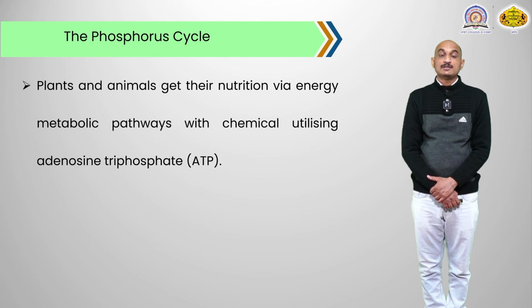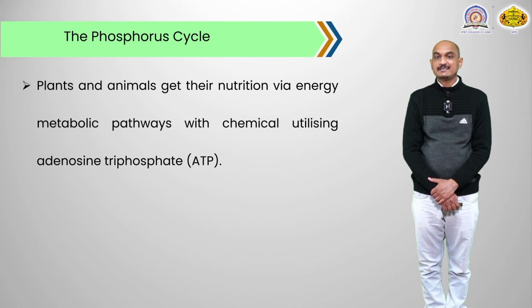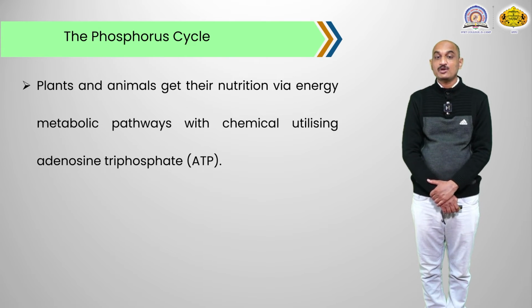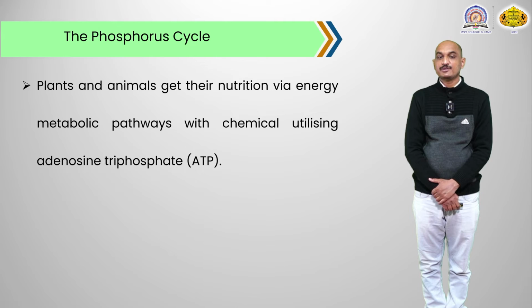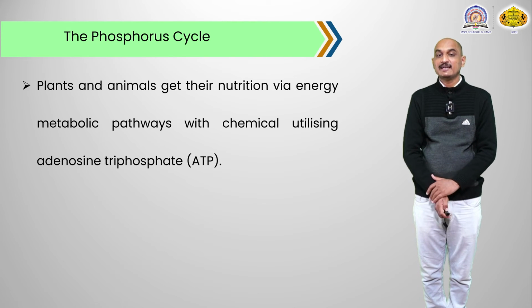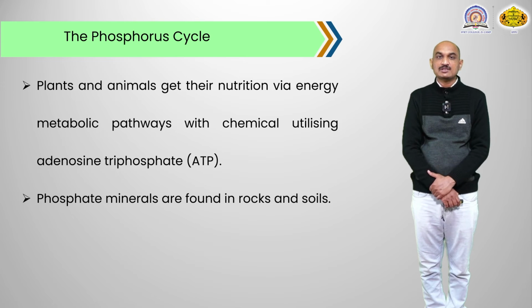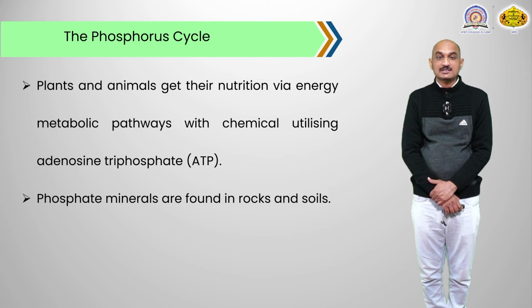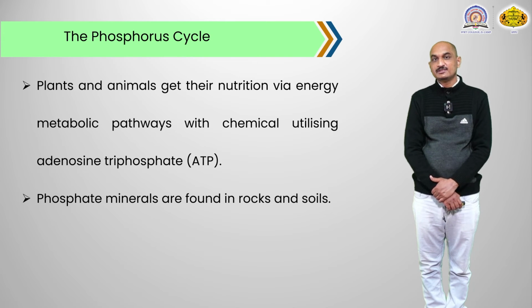We know that plants and animals get their nutrition via the energy metabolic pathway with a chemical utilizing the adenosine triphosphate, that is the ATP, okay, that provides the energy to perform the different types of work in the cells.